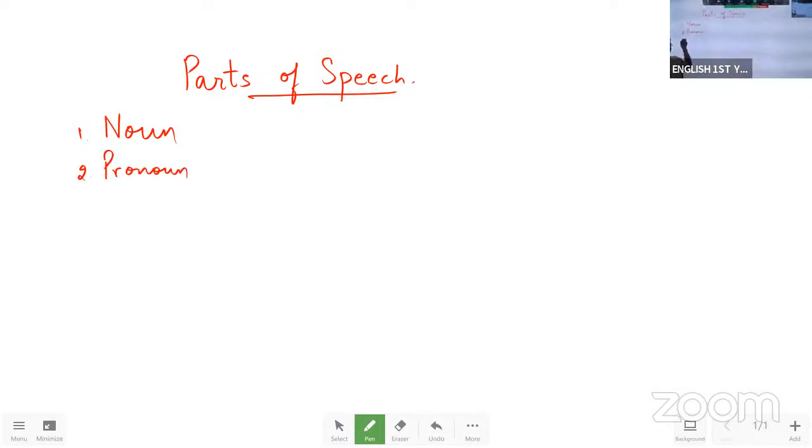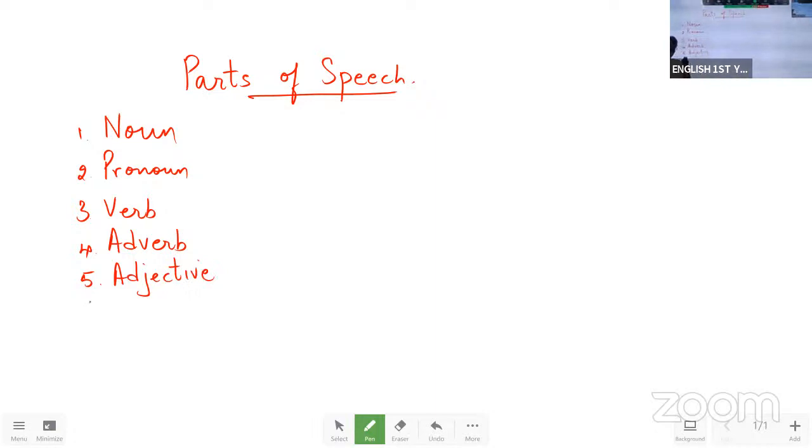verb, adverb, adjective, preposition, conjunction, and last is the interjection.